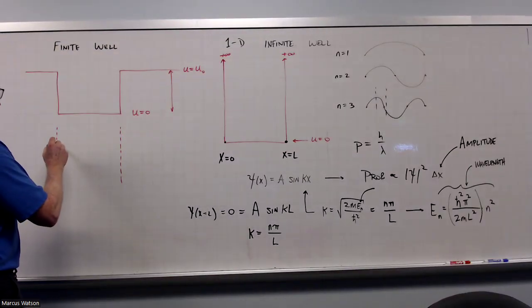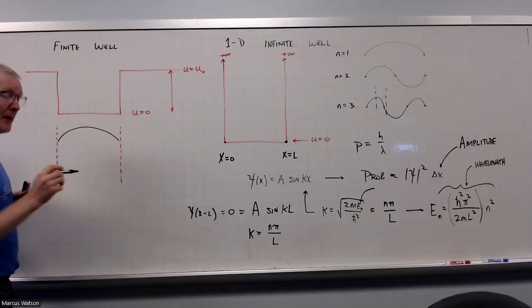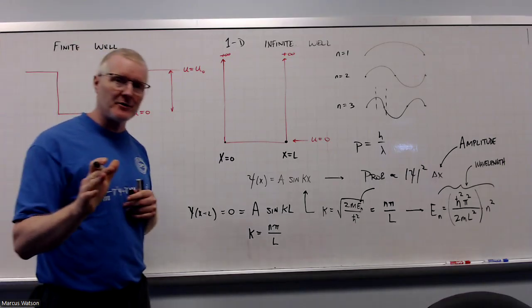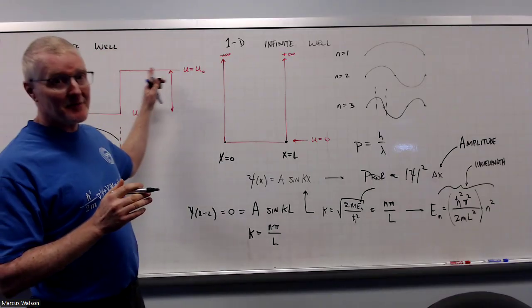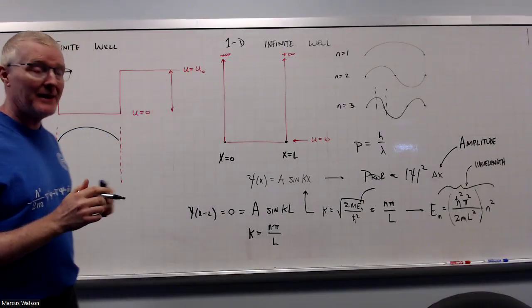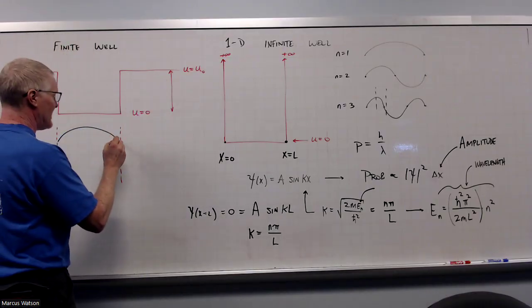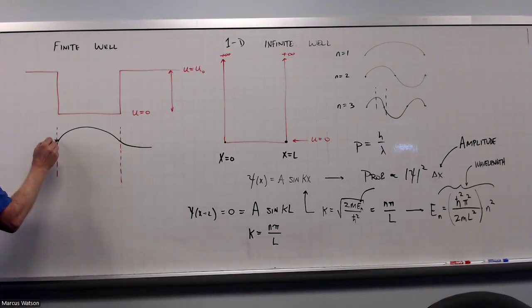You're going to find that it does the same basic thing. But there's going to be a slight difference because now I don't have an infinite potential, so I can't force the wave function to be 0 immediately upon leaving the well here. You will end up finding that it's going to tail off like that.